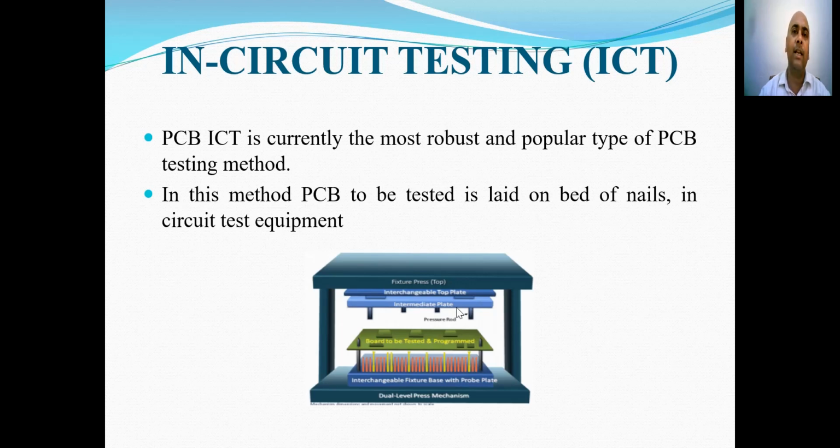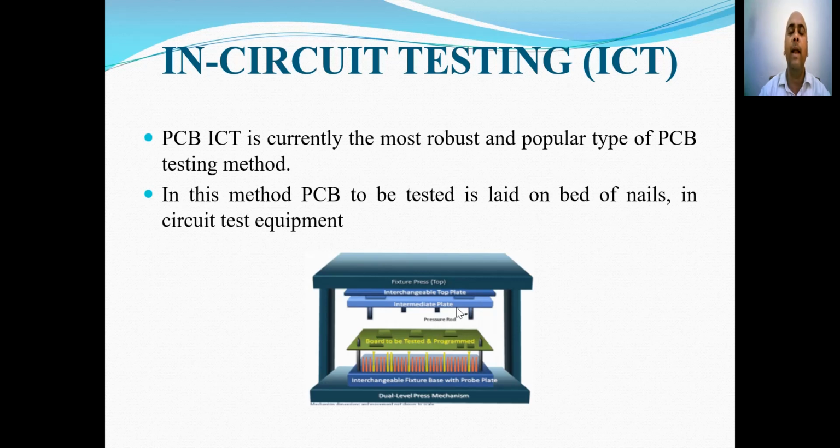Printed circuit board ICT is currently the most robust and popular type of PCB testing method. In this method, the PCB to be tested is laid on a bed of nails in the in-circuit test equipment.